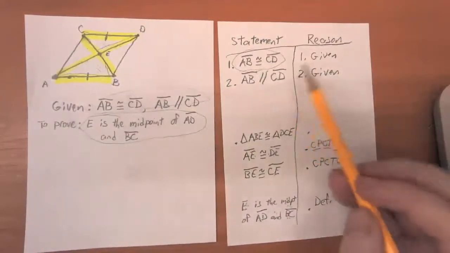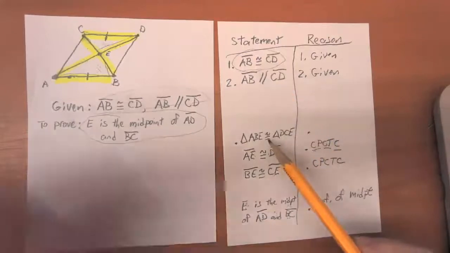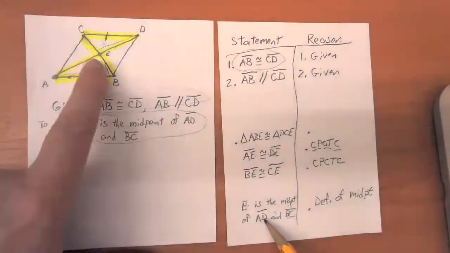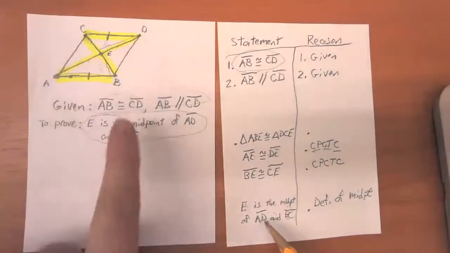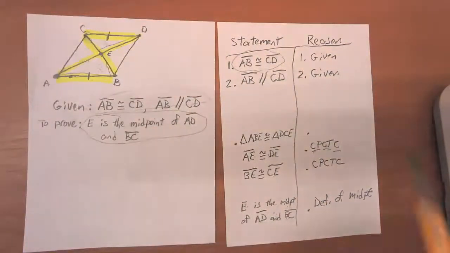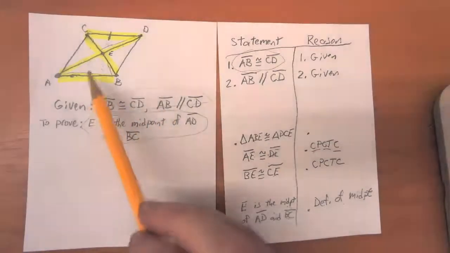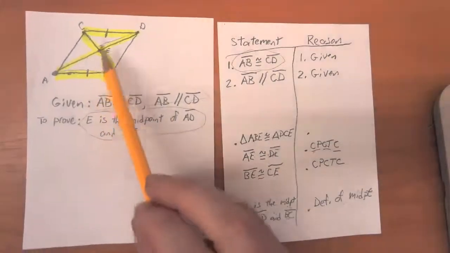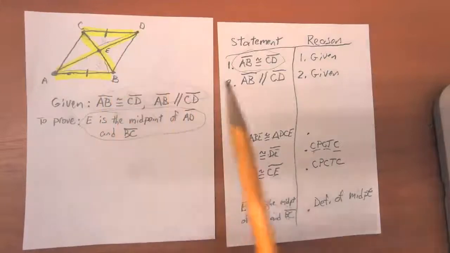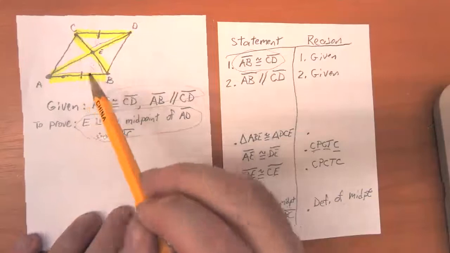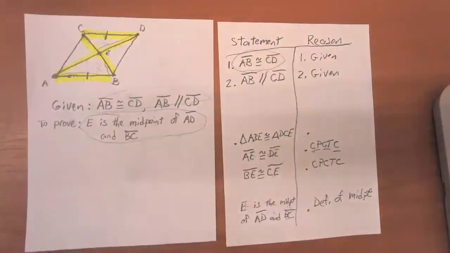So the idea is that we figured out how to get from this triangle congruency to the conclusion of the proof that the midpoint bisects both of the diagonals. So all we need to do is to get from our givens to the fact that these two triangles are congruent to each other. And we've already seen one side here, but we need to know two other parts.